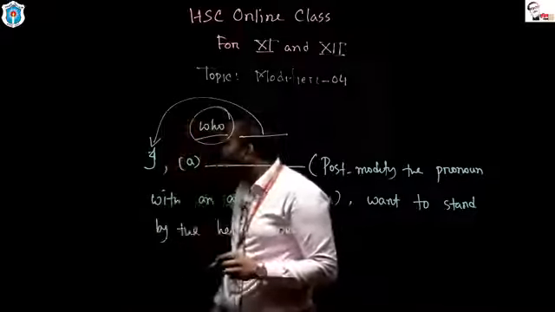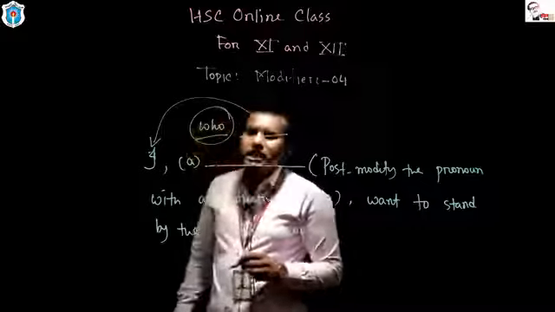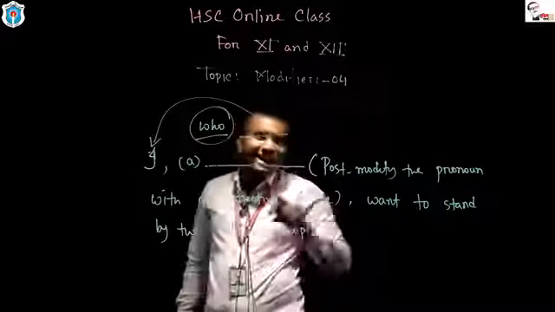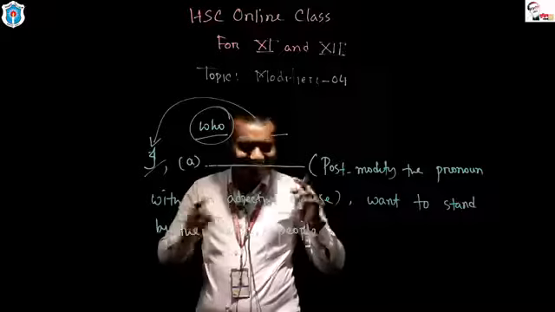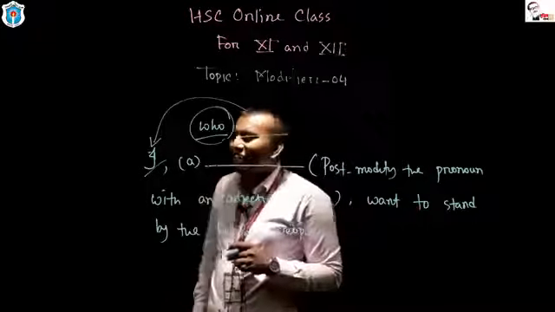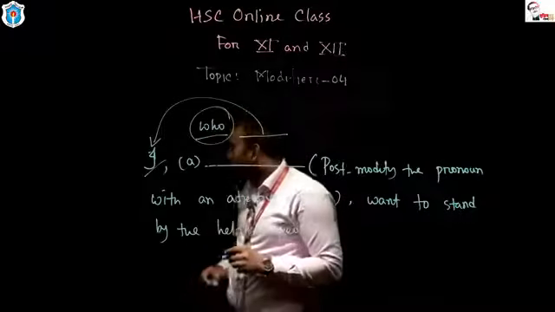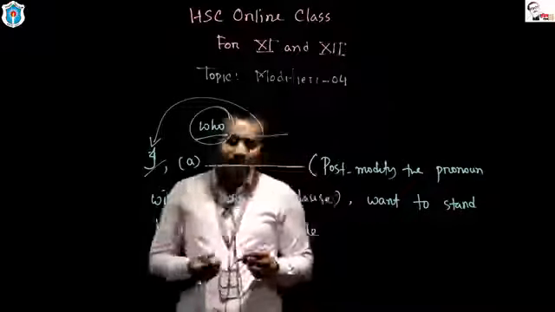That's why you are not allowed to use "is", because "I" doesn't have any agreement with "is". If I say "is", it would be "I is". Now it's clear to you.